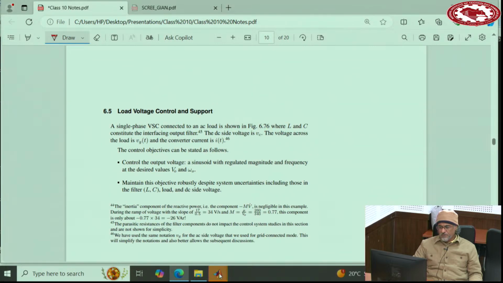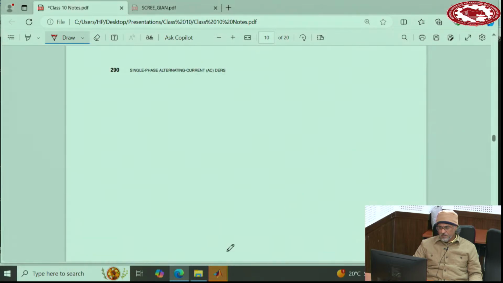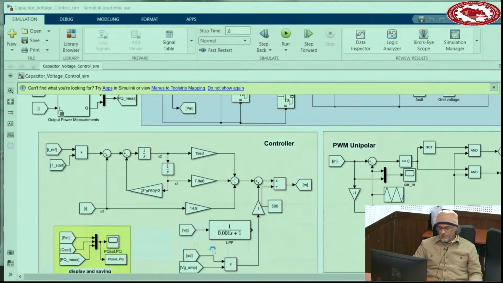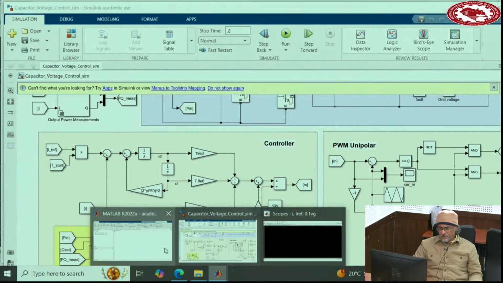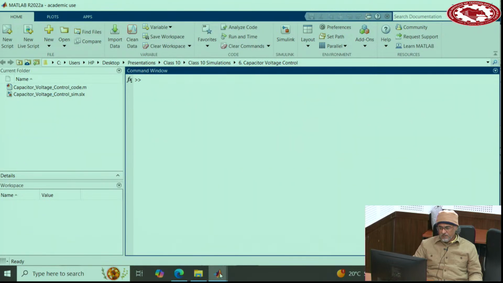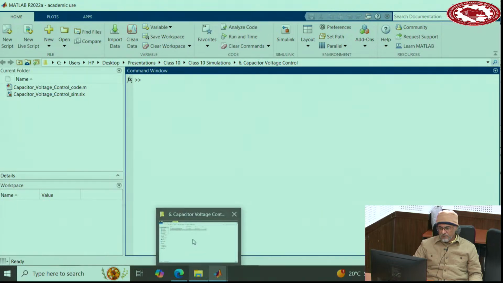Okay, so let me run the simulation. You can also open the M file.